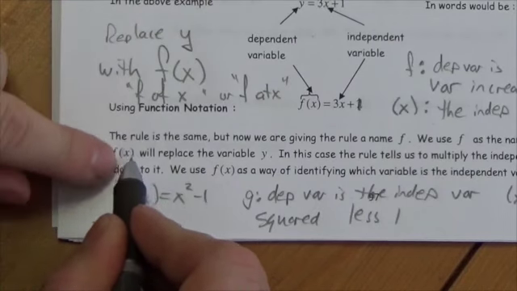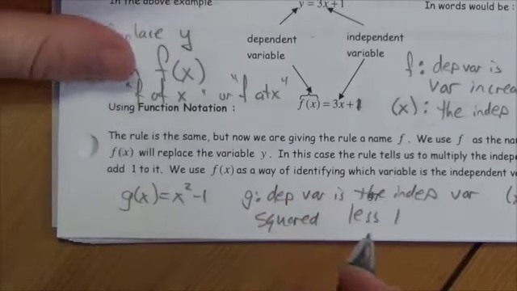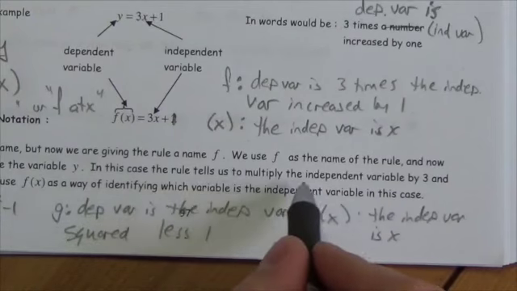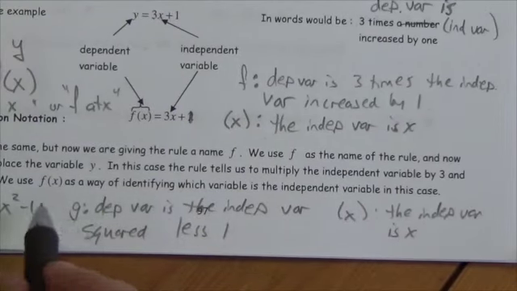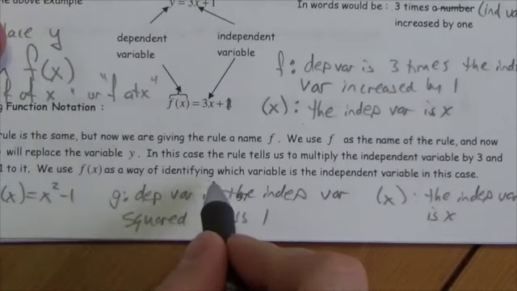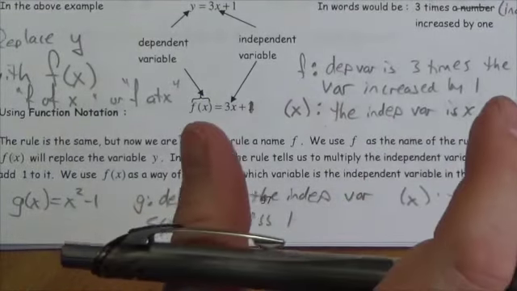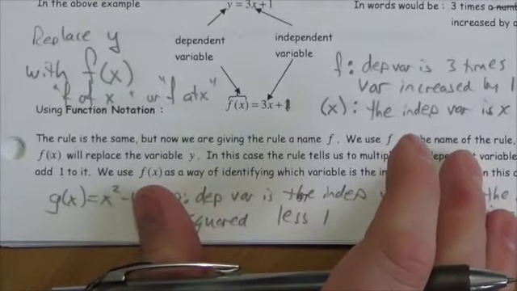The x in the parentheses is what you're multiplying by 3 and then adding 1 to. Like it says here, the rule tells us to multiply the independent variable by 3 and add 1 to it. So we use f of x as a way of identifying which variable is the dependent variable, and really the whole thing becomes the dependent variable. I hope that makes sense.